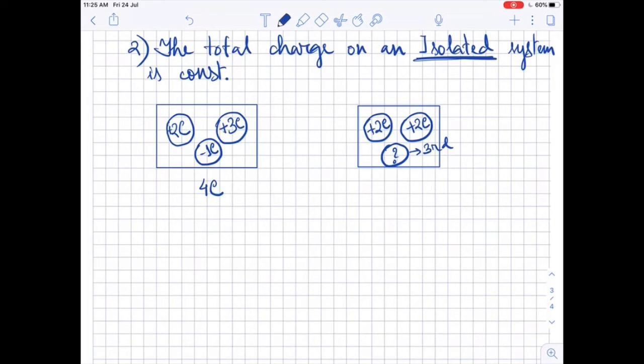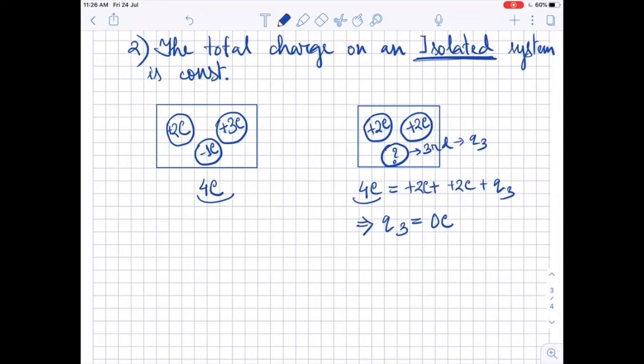particle, and that charge, because the total charge is conserved, let's say this charge is Q3. Therefore the total charge will be plus 2 coulomb plus 2 coulomb plus Q3 equal to 4 coulomb, which implies that Q3 is 0 coulomb.